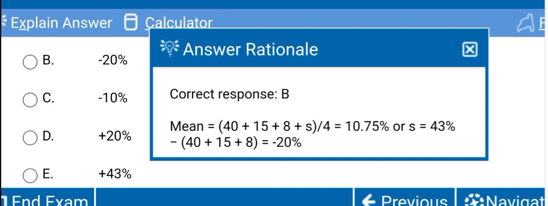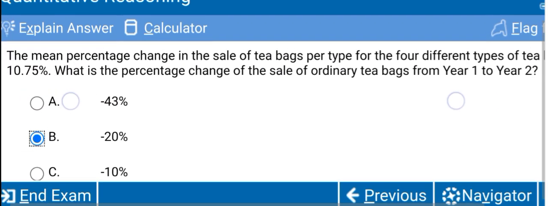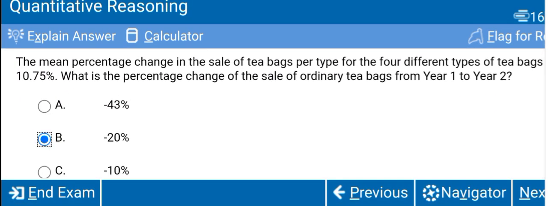So that's how we have the correct option is option B, which is minus 20%. So minus 20% is the percentage change of the sale of ordinary tea bags from year 1 to year 2.